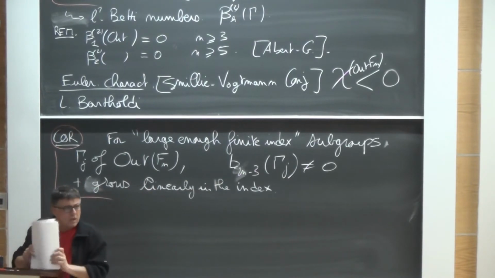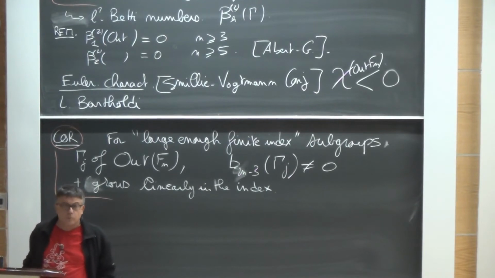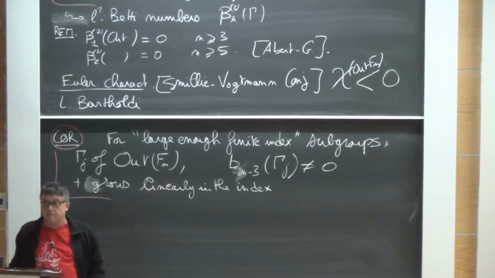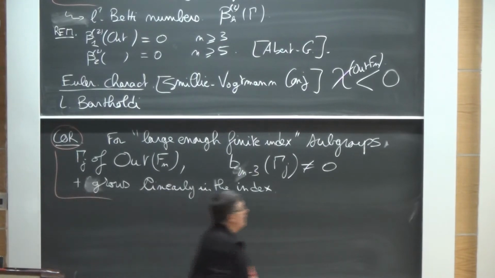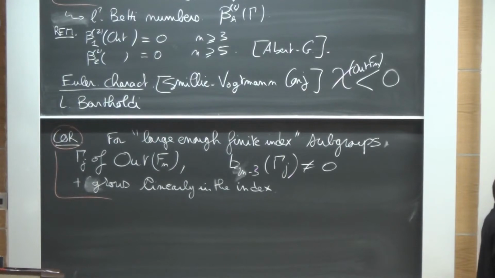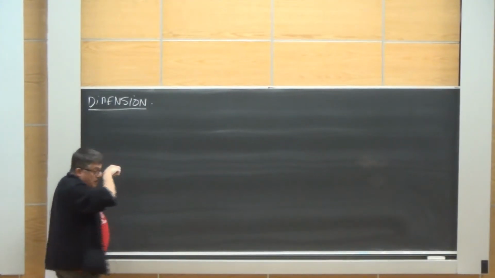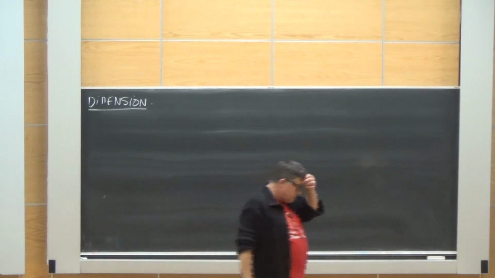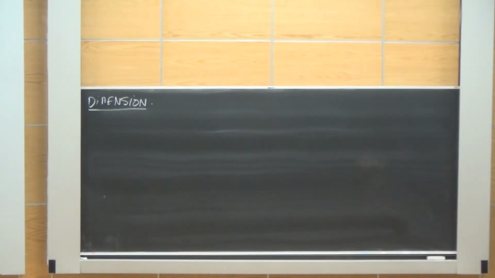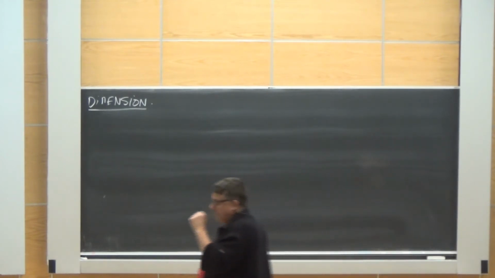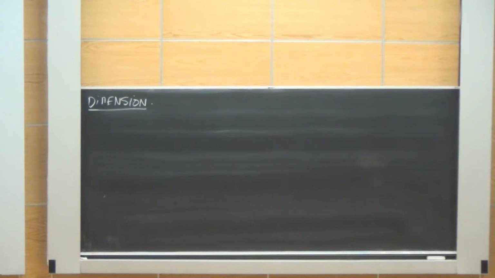So I will, first of all, go to the notion of dimension for groups. Top dimension, what does it mean? For instance, if I ask you what is the dimension of Z square, there are two, let's say, canonical answers.